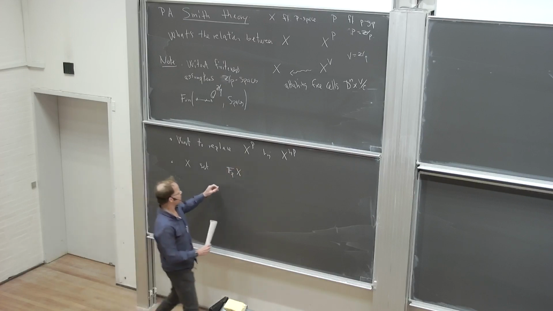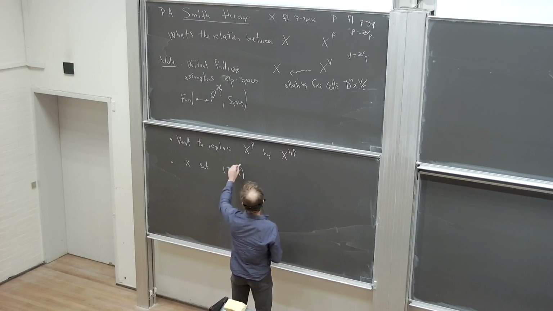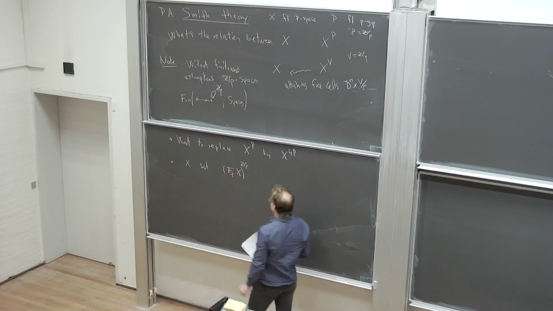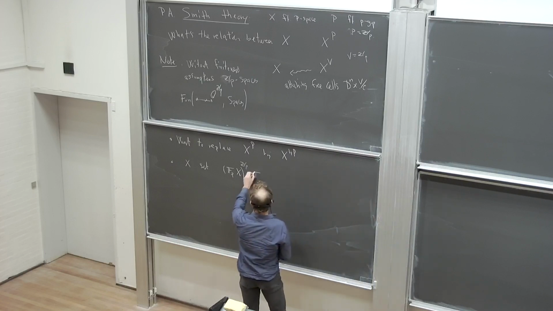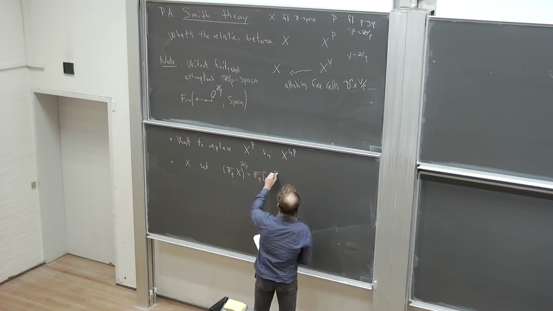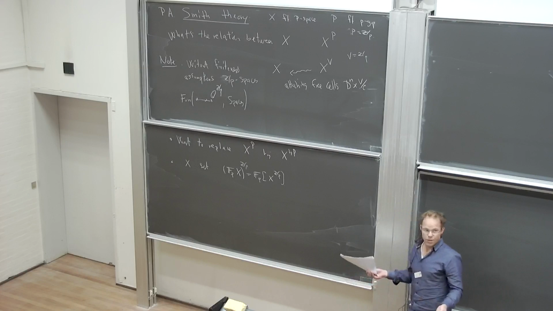Then we could try to take the fixed points under Z modulo P of this, and that would of course have inside here F_p of the actual fixed points, but we would also have orbits of things, right?